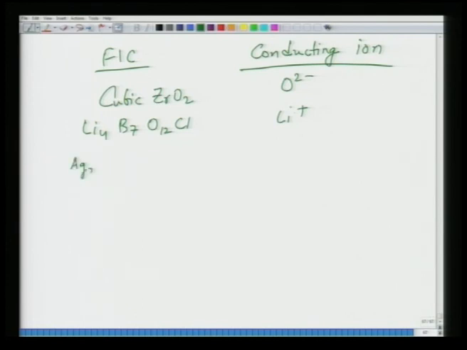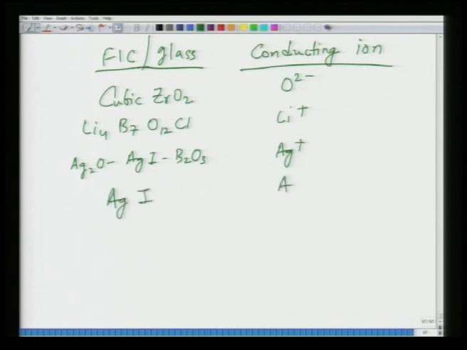If you take Ag2O, AgI, B2O3, you can say FIC slash glass. Here Ag plus is the mobile ion. In silver iodide, Ag plus is the mobile ion. In beta Na-Al11O17, it is sodium plus. So, these are some of the examples.